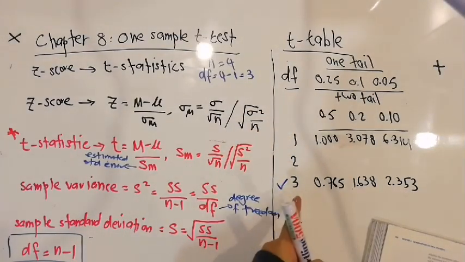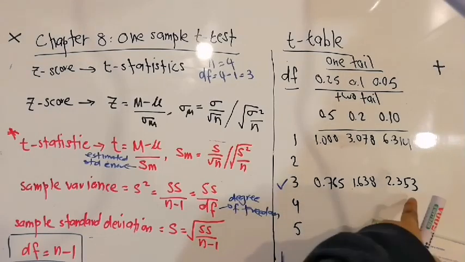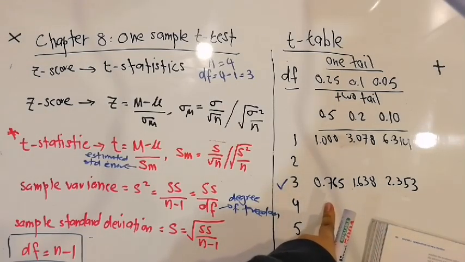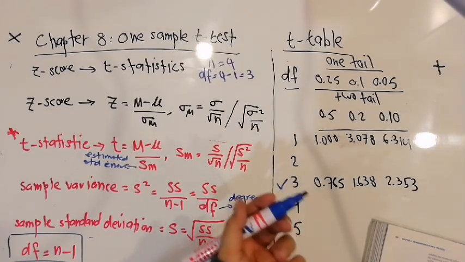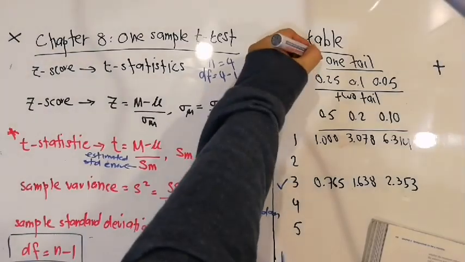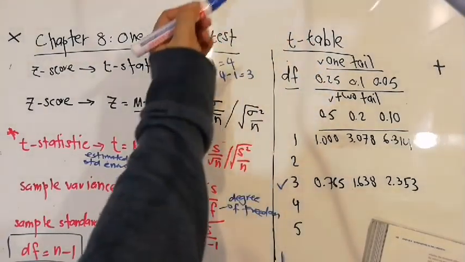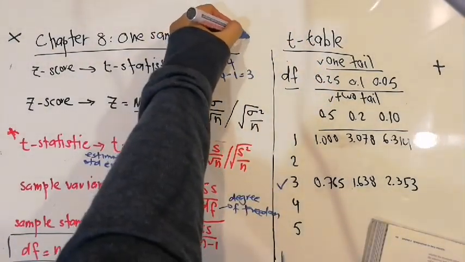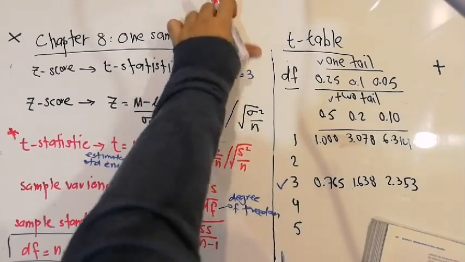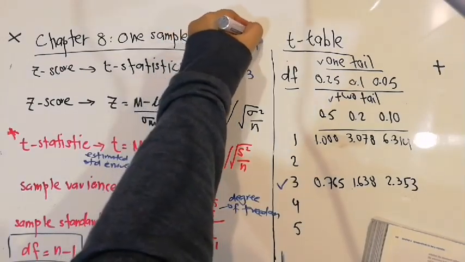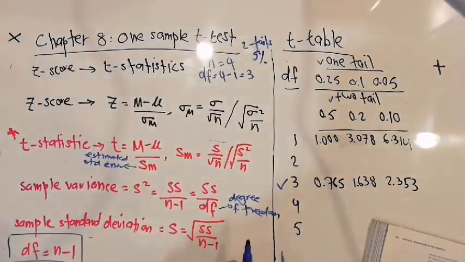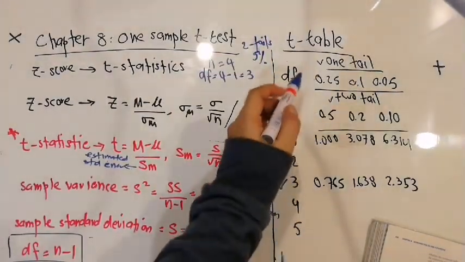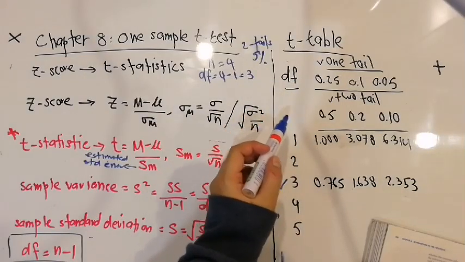How do you choose the value? As in the previous class, they will tell you whether it is two tails or one tail. Let's say they want two tails, 5%. You have to choose the column for two tail 5%.